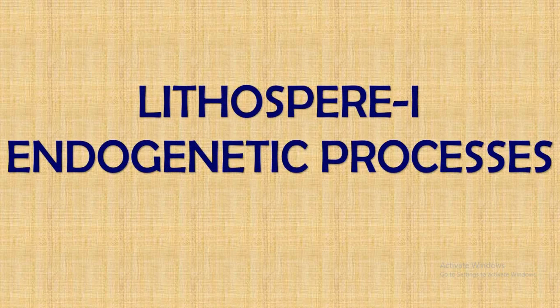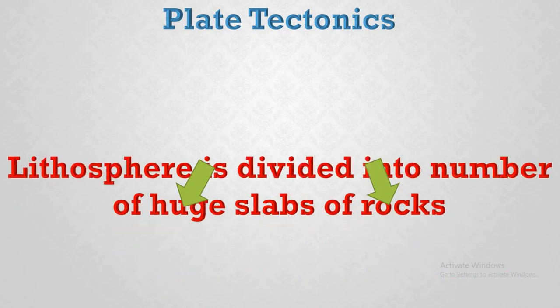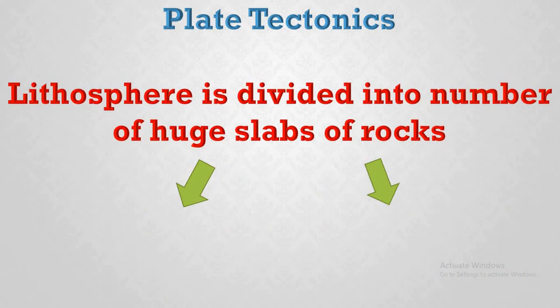Today we are in the lesson Lithosphere with the third session, Endogenetic Processes. We are going to see about plate tectonics. What is plate tectonics? The lithosphere is divided into a number of huge slabs of rocks.